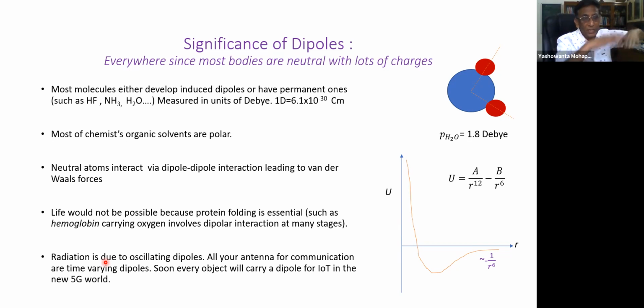Or you have seen the TV transmitters. They can simply be rods. Those rods are nothing but dipoles, oscillating dipoles, because oscillating dipoles radiate. So all your antennas for communication are time-varying dipoles. In fact, soon every object will carry a dipole for IoT in the new 5G world.